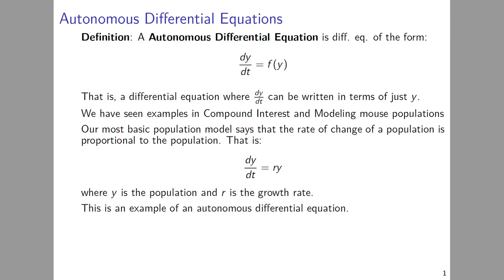As we can see, this is an example of an autonomous differential equation. And for a starting population y of 0 equals y naught, we can obtain the solution y equals y naught times e to the rt. If you'd like to do this on your own, you'd want to divide by y on both sides and integrate as a separable differential equation.